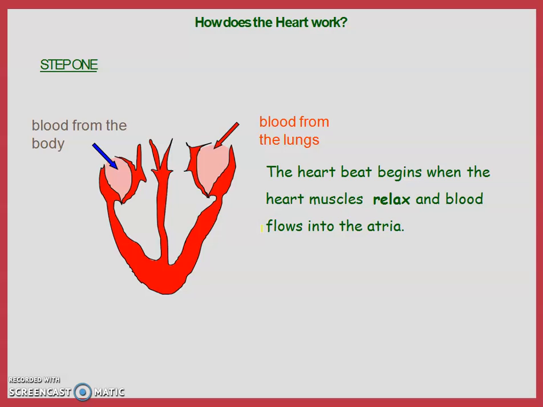Once again, the repeated rhythmic contraction and relaxation of the heart muscle is called the cardiac cycle. Contraction is called systole and relaxation is called diastole. I told you that relaxation is diastole and contraction is systole. Yes, that is correct.